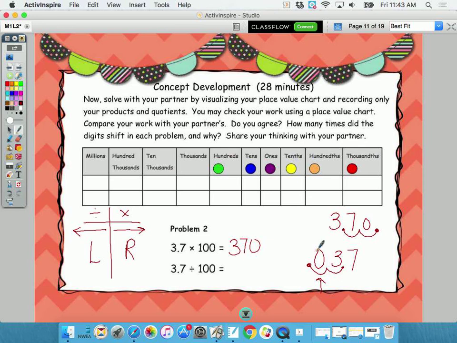Justin, when I write this number, decimal 037, what else do I have to put? Do I need anything else in front of the decimal? Yes, I do. What do I need in front of the decimal? A 0?